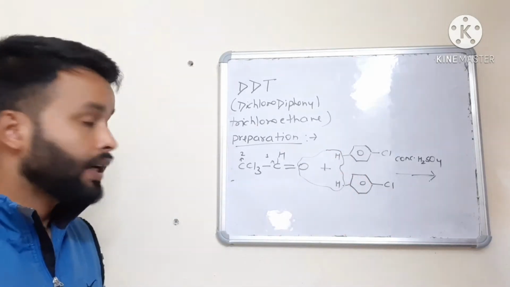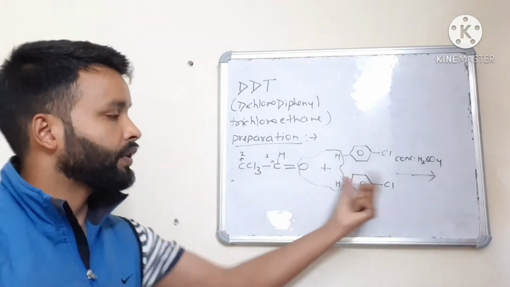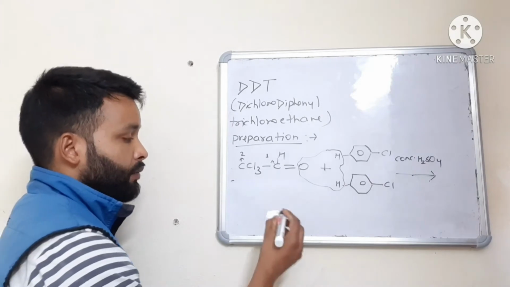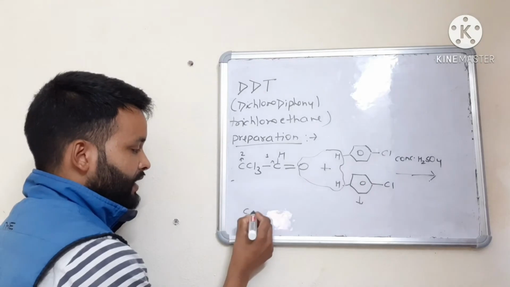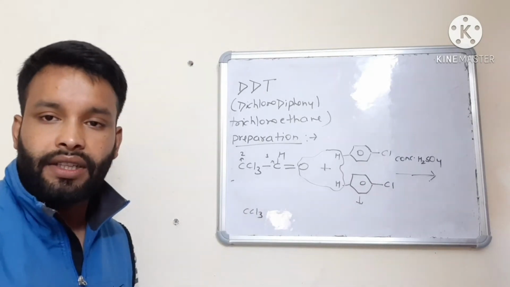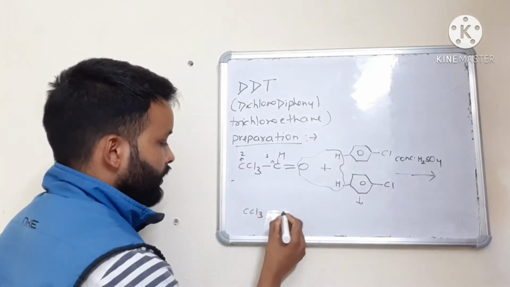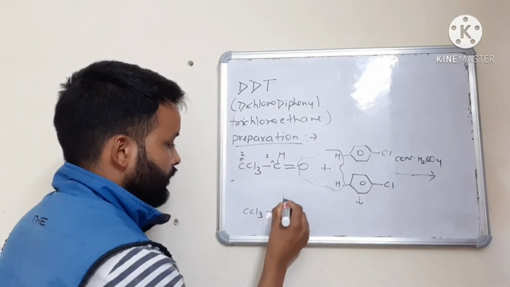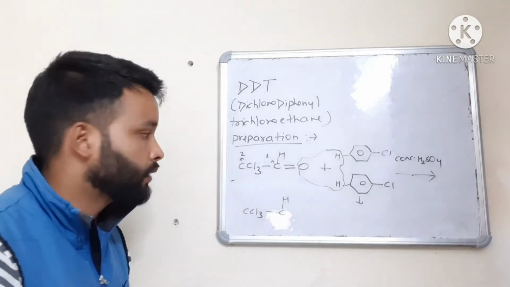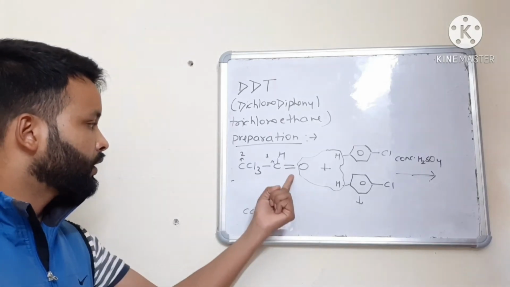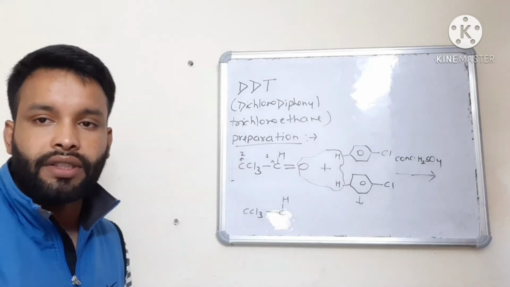The water molecule is removed. Now I'll merge this portion with this. So what product will I get? I'm writing here: CCl3 as such, CCl3. Now see, this portion is left, single bond CH. This portion is as such. Now this double bond is dissociated in the removal of the water molecule, so we'll not consider this double bond.